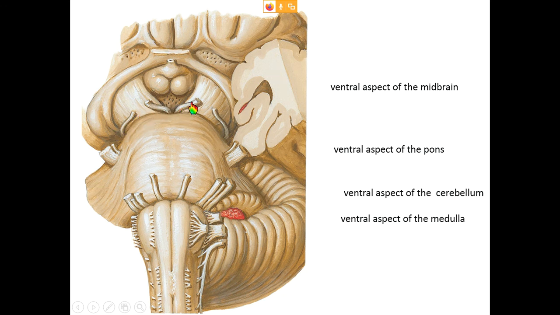These are nothing but the oculomotor and trochlear nerves. So these are the ventral aspect of the midbrain and the ventral aspect of the pons. We are going to discuss these in a separate class, step by step, so you remember them for a long time.